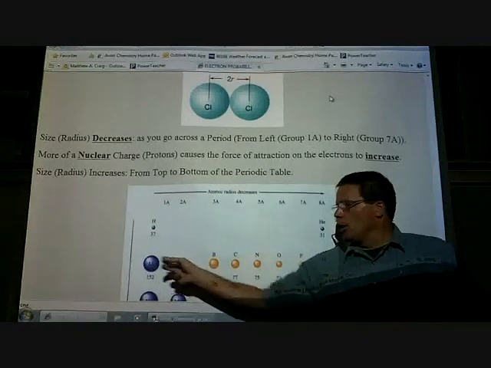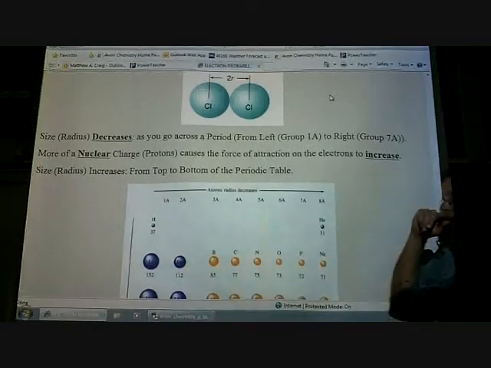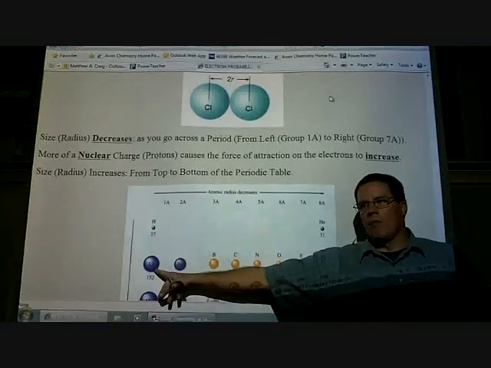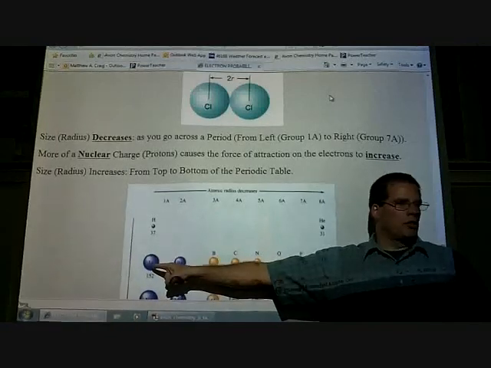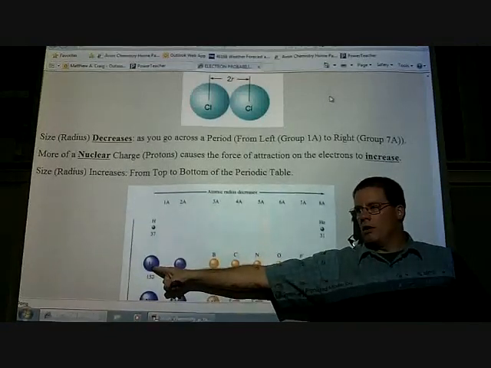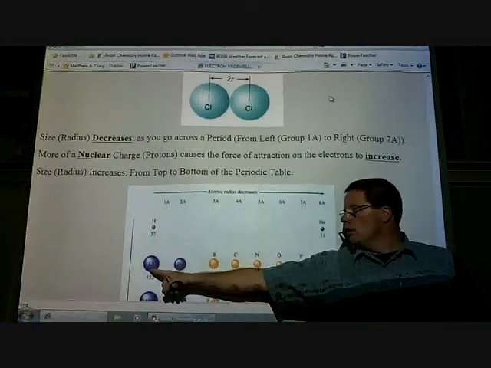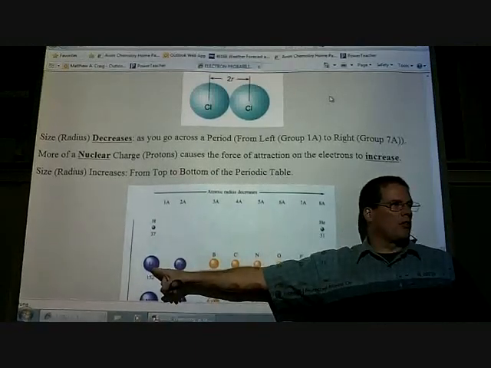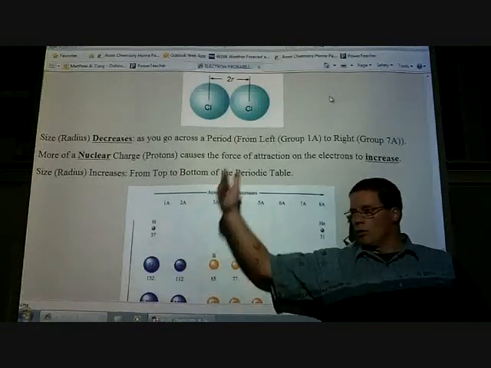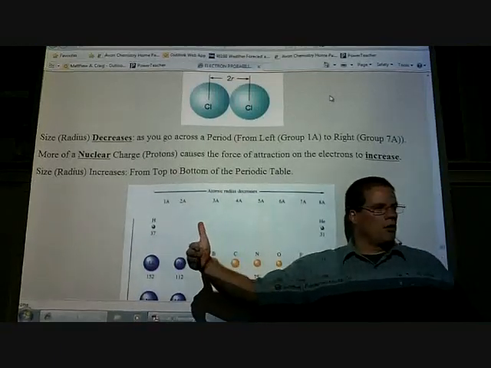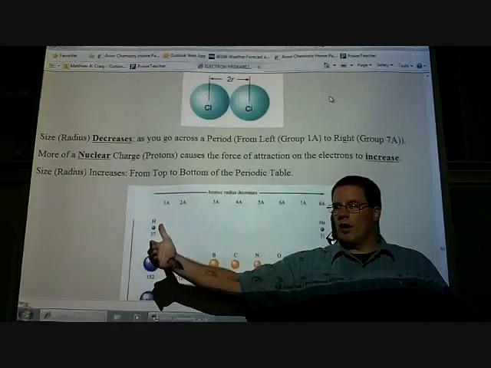As we look at the graphic here, how many valence electrons does lithium have? That might be a good quiz question. 1, because it's in group 1A. And again, valence electrons are the outermost s and p orbital electrons.